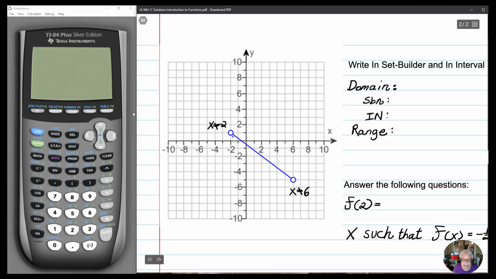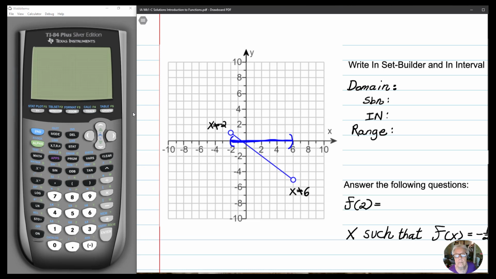Now, x cannot equal -2, and x cannot equal +6, but it can equal every x-coordinate between these 2 points. That's a picture of the domain of the function. All of the x-coordinates of all the points on this line segment are located between -2 and +6 on the x-axis.